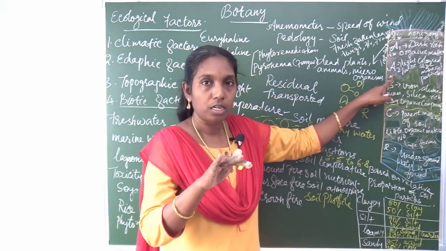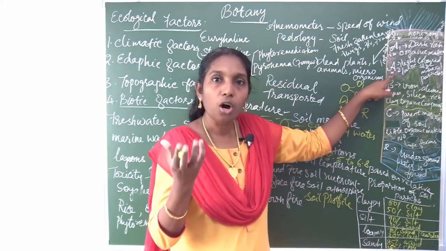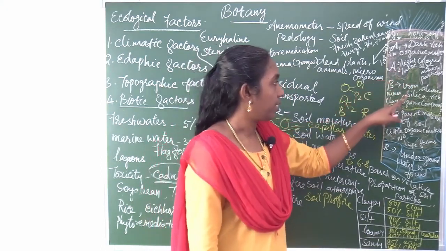So A1 is the dark region, A2 is the light region.